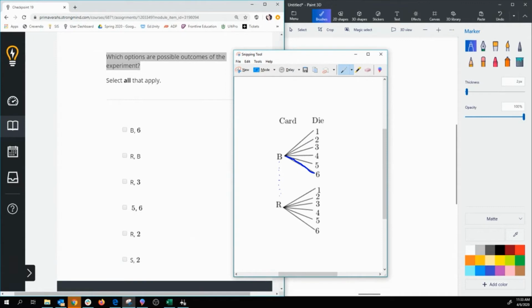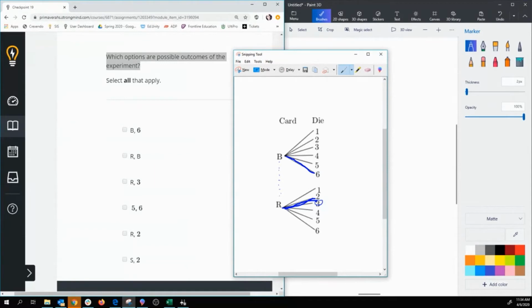So the second one would not work. If I were to pick a red card and then roll a 3, that one's good. 5 and 6 won't work because I need to pick a card first and then roll my dice. R2 would also work, right? I could pick a red and then roll a 2. And then the very bottom one is S2.